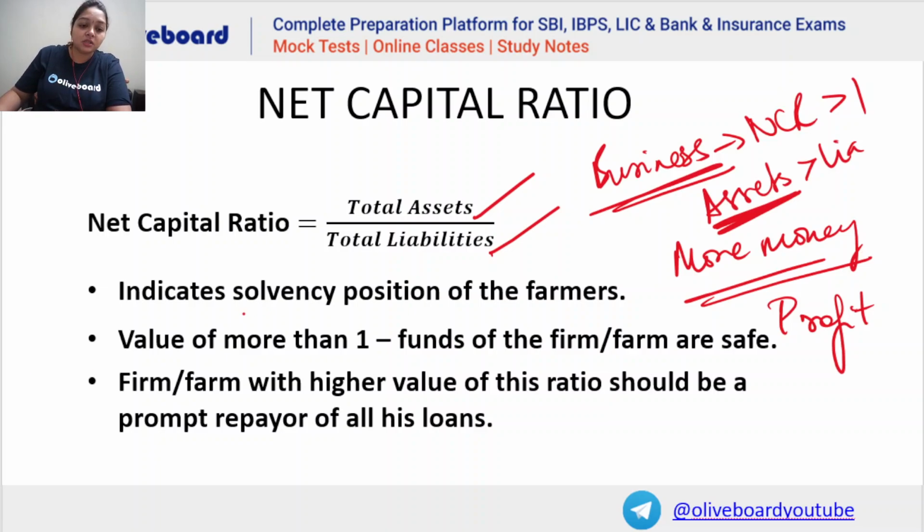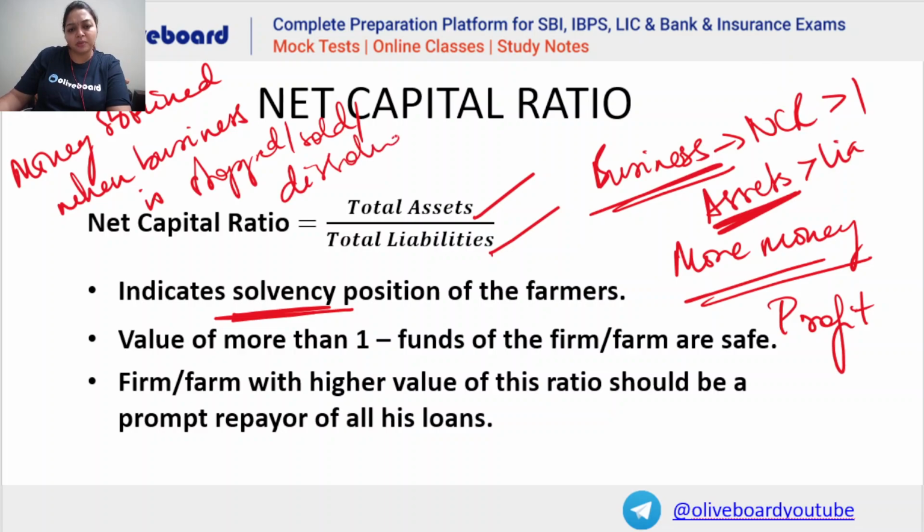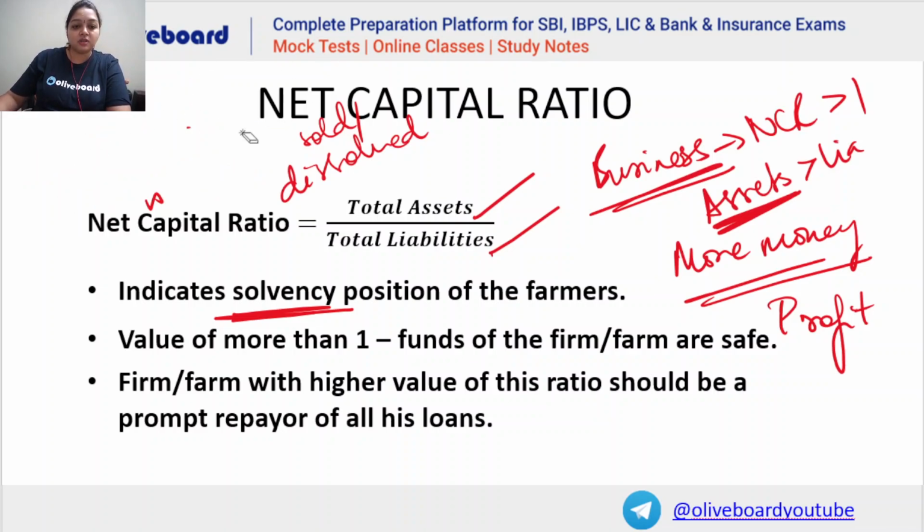So solvency means money obtained when the business is stopped or sold or dissolved. Dissolved means the business runs no more, right? You dissolve the company, you tell everyone that the company will be no more. When you do this, you will get more money in return, right? So that is the meaning of solvency position.